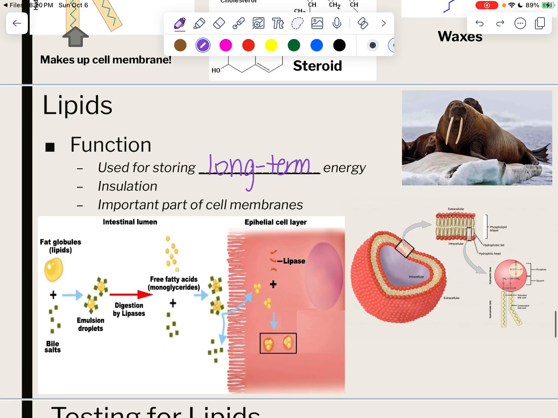They're used for insulation, so that, not just us, but other animals use lipids as insulation for maybe the winter, because they got to be outside. For us, we use them as cushion support for our organs, and they're also an important part of our cell membranes.